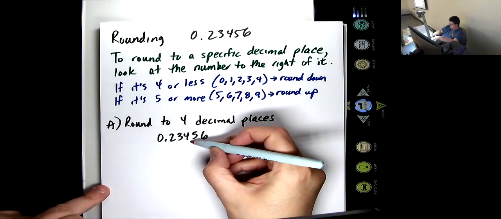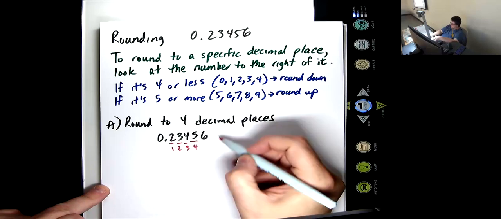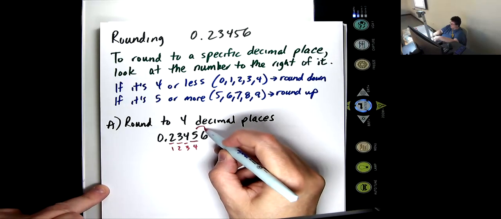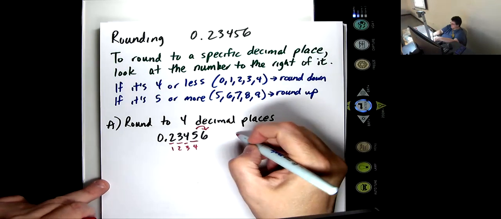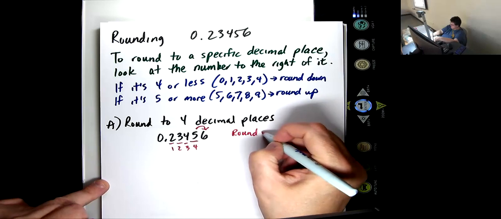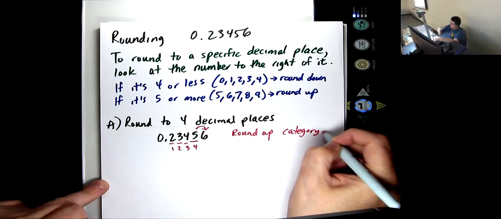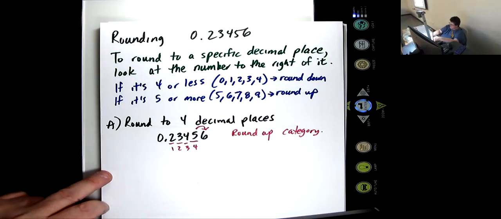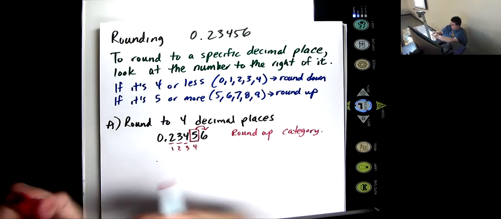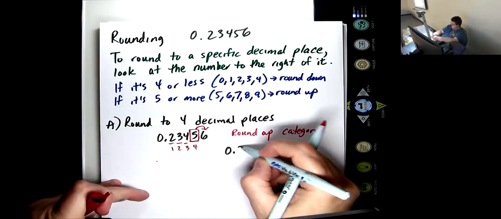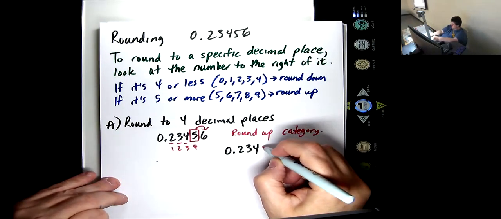The 4th decimal place is right here: 1, 2, 3, 4. The number to the right of it is a 6. 6 is in the round up category. So the number we round up is the decimal place we're looking at, the 5. I've got 0.234, and the 5 is going to go up to a 6.